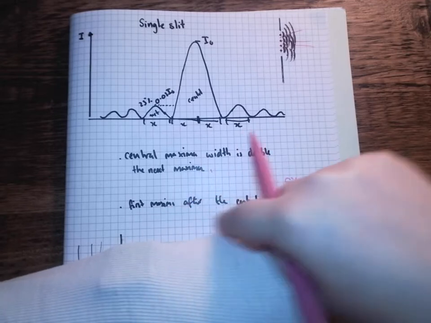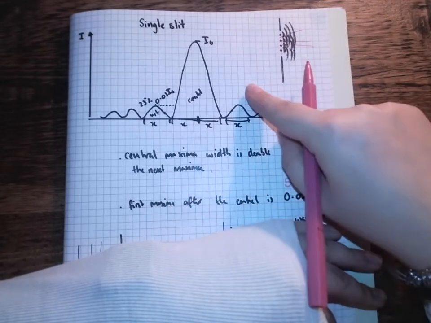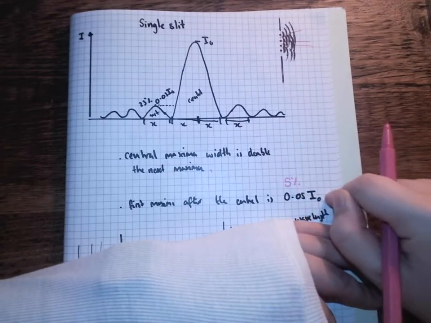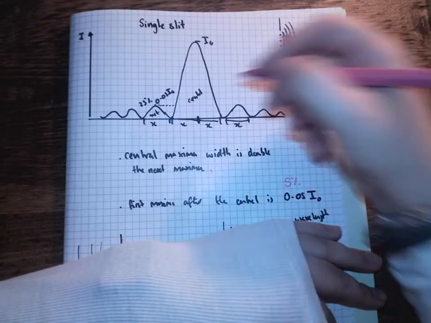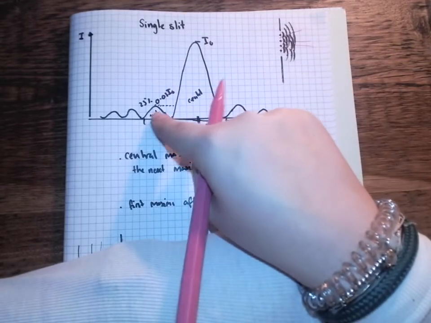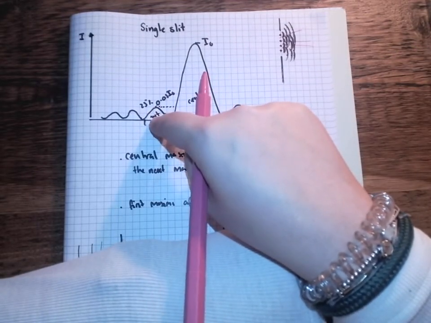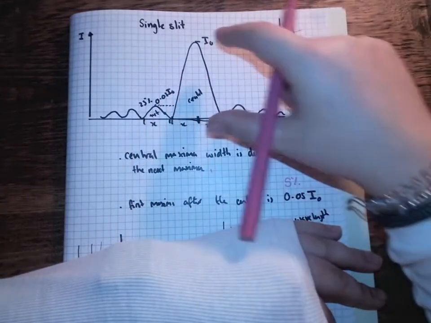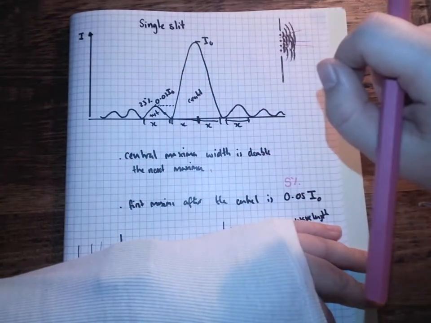The first maxima after the central one, this is 0 order, this is our first order, is actually only 5% of the intensity. But to draw 5% on a diagram is really difficult, so we normally show it to be about a quarter of it or less. Please don't make them any bigger than a quarter of that central maxima if you have to draw these.